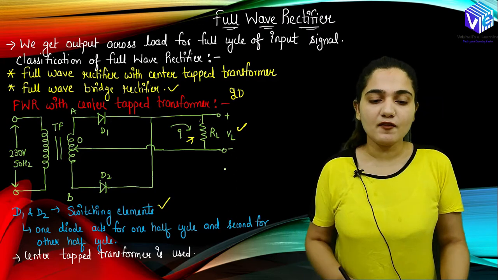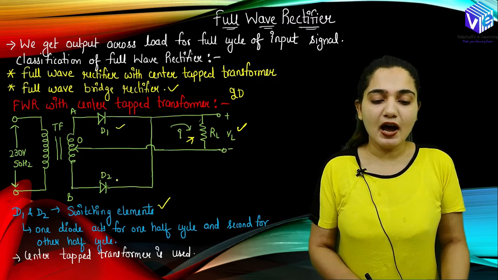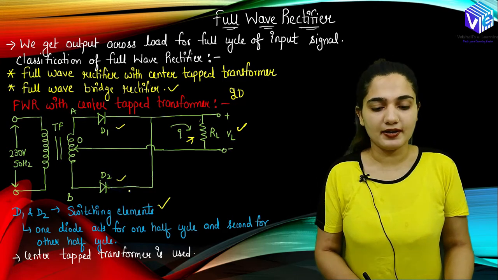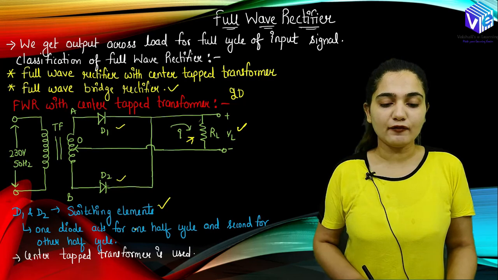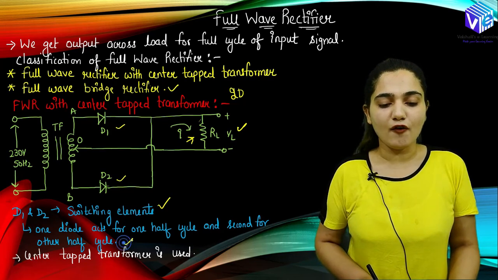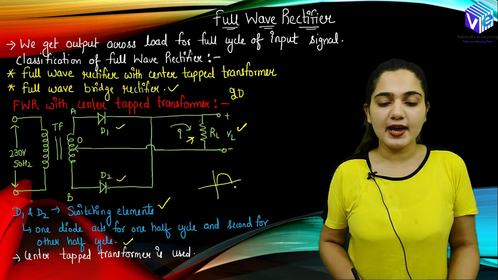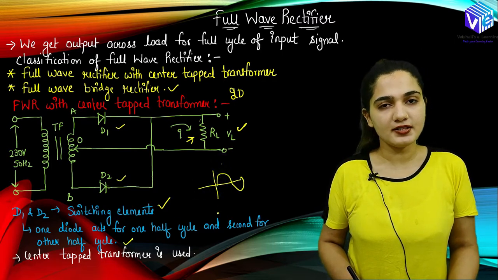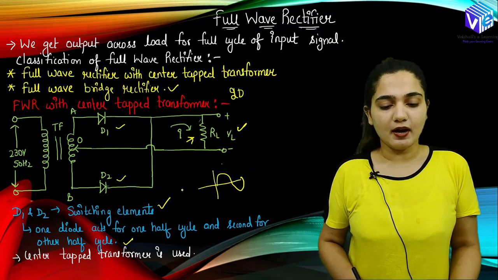When I have the positive half of the wave, one diode will conduct, and when I have the negative half of the wave, diode D2 will conduct. This is how we have made the circuit. One diode acts for one half of the cycle and the second diode for the other half of the cycle. In this manner we can get a full wave at the output.